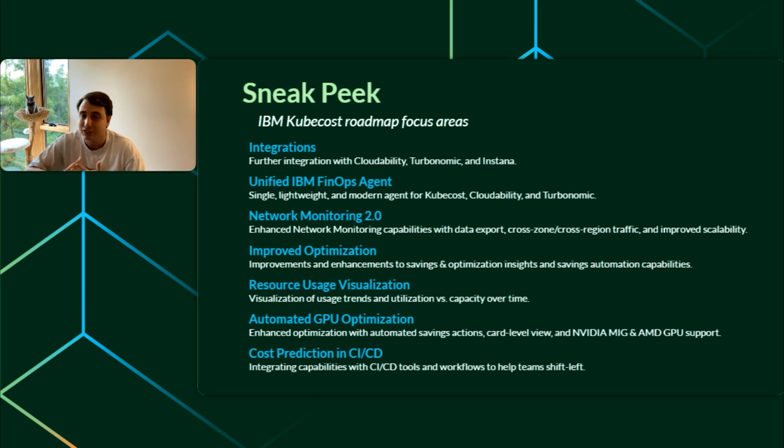GPUs are crazy expensive. We really want to make this a great experience. So what we want to add in the second half of this year is automation, so that with a couple of clicks, you can actually deploy the sharing techniques that we're recommending, and free up GPU capacity, which is extremely expensive.